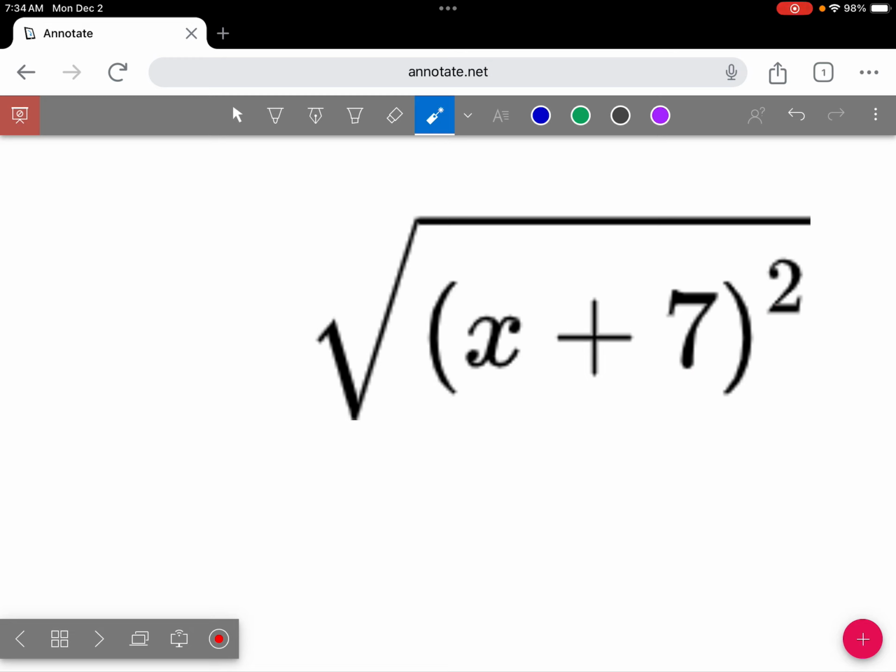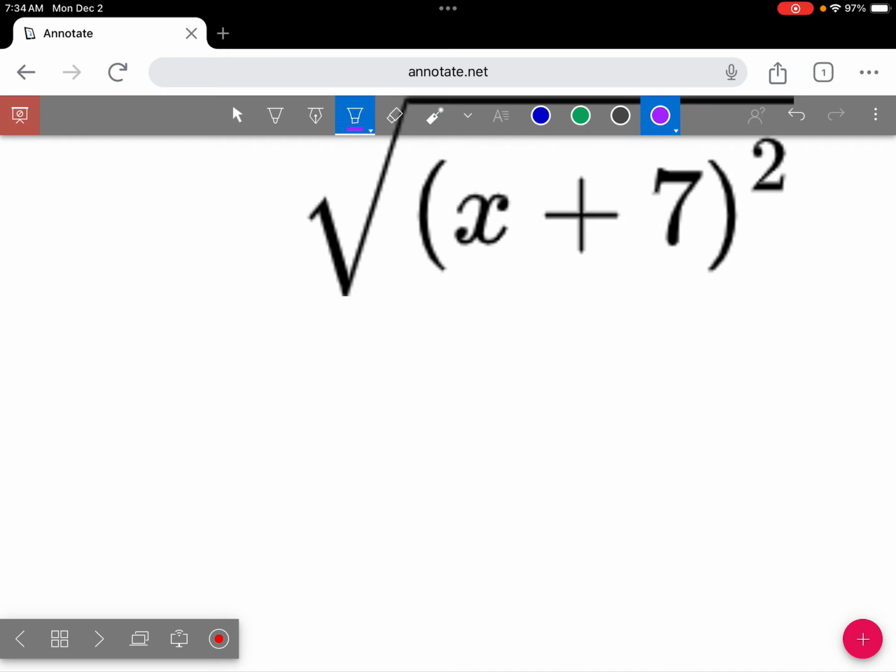How many pairs of funky weird socks can I make? Just 1 pair. The square root and the square cancel each other out. They undo each other. There's a name for that, but we'll talk about that next semester. So the square root and the square cancel out. So this thing's just going to simplify down to be that, x plus 7.